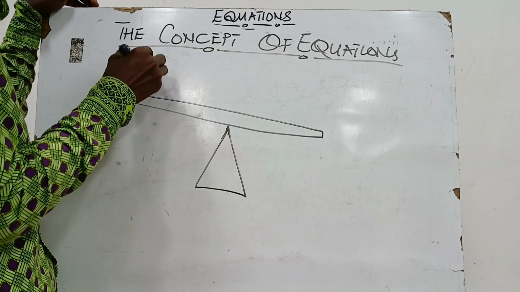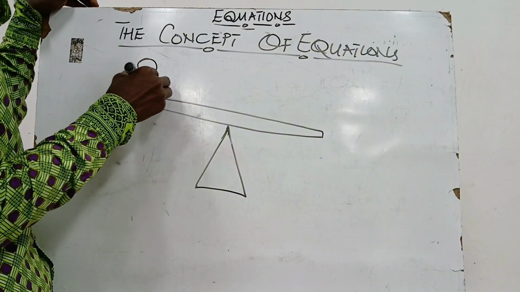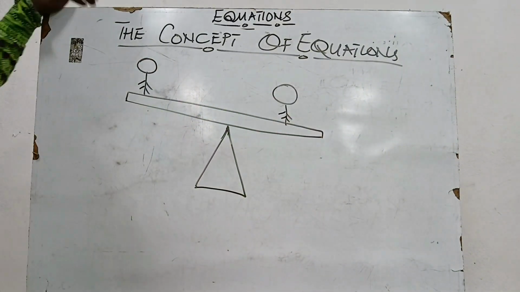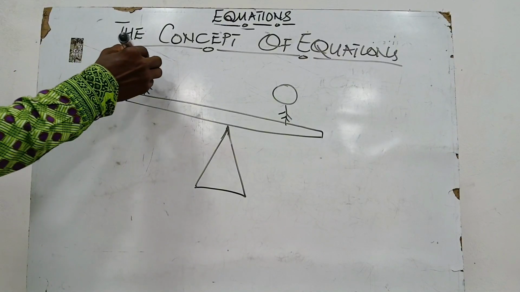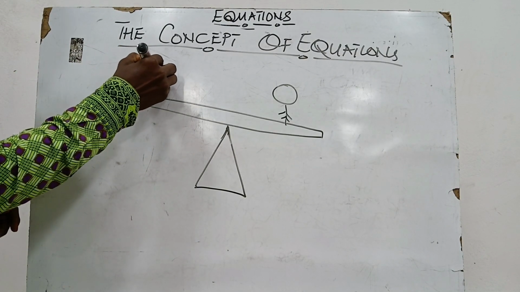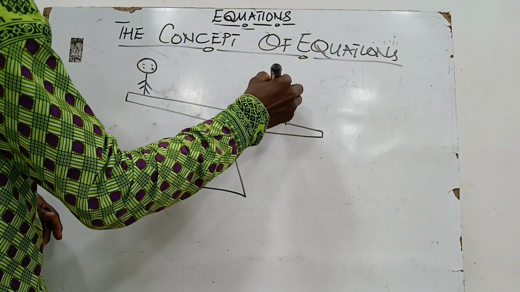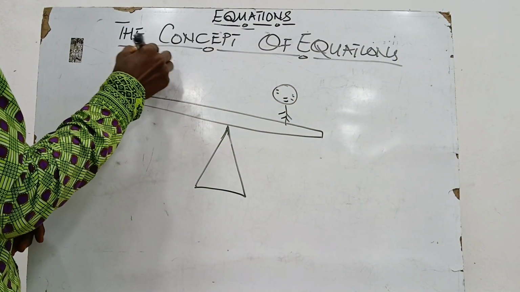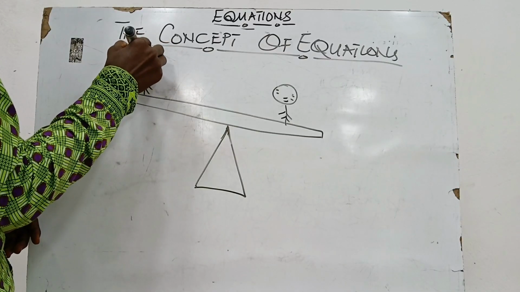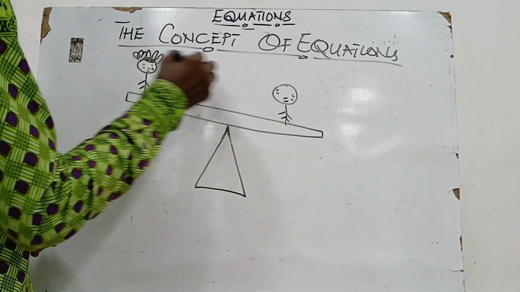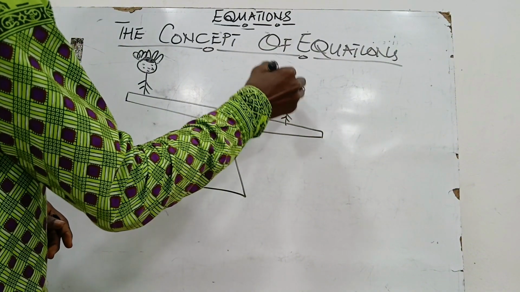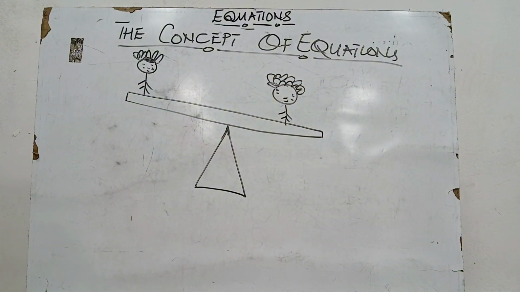Then you see one human being seated here, maybe another person too seated here. Now, let me give them eyes. Some hair, right? So these are the human beings seated on the seesaw.